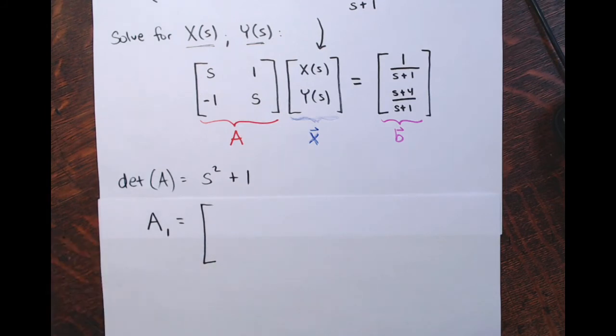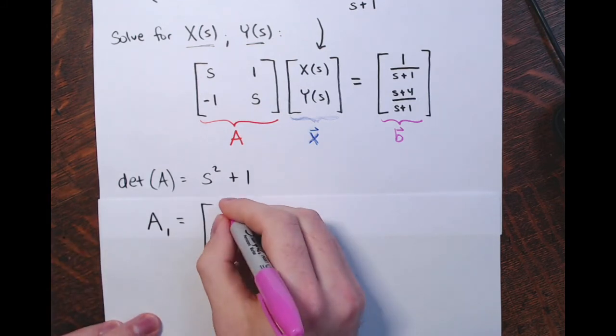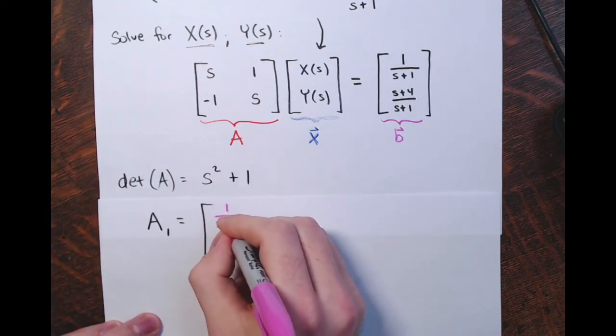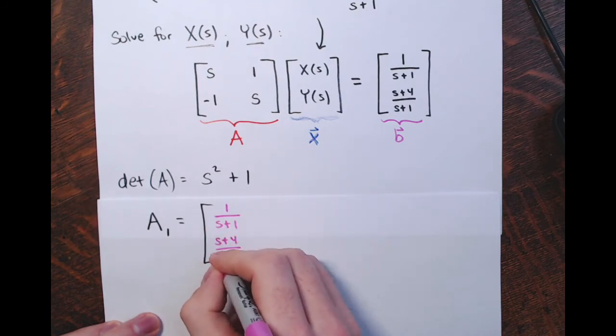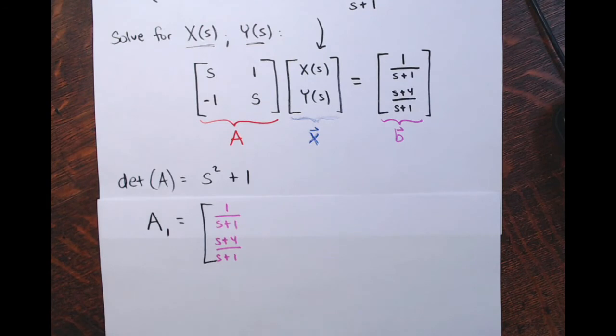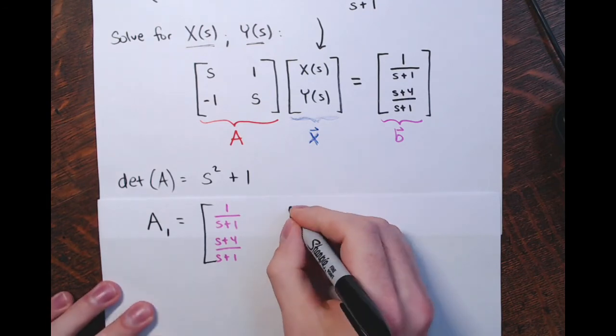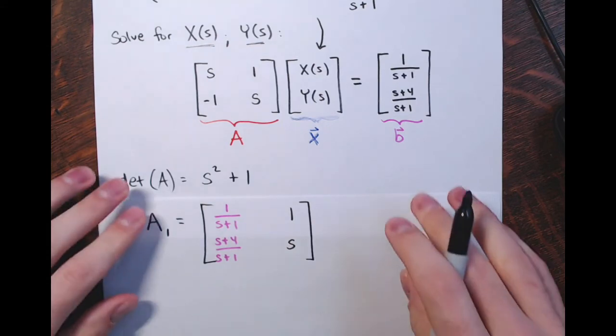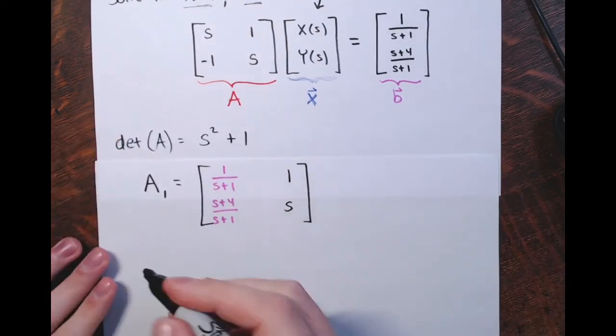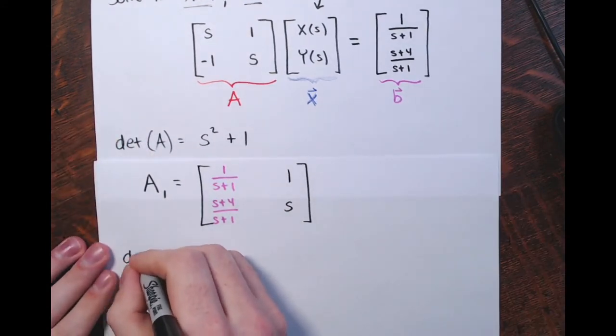So the first column has entries 1 over s plus 1 and s plus 4 over s plus 1. And the second column doesn't change, right? You still have 1 and s. Now, what's the determinant of A1?